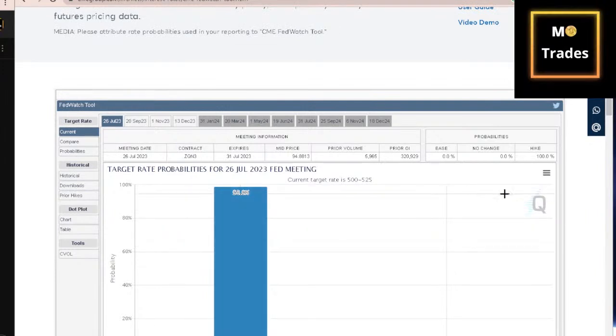We can see that at the moment the market is expecting a 98.9% chance of a 25 basis point rate hike for this meeting, and 1.1% expect a 50 basis point hike. Either way, in total, all are expecting a rate hike. So that's what I wanted to show you.